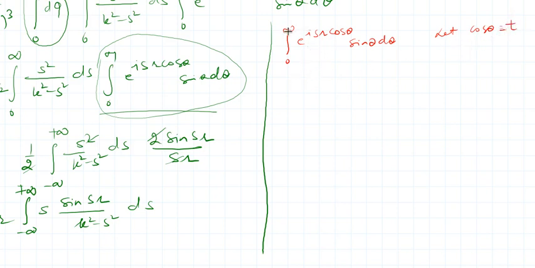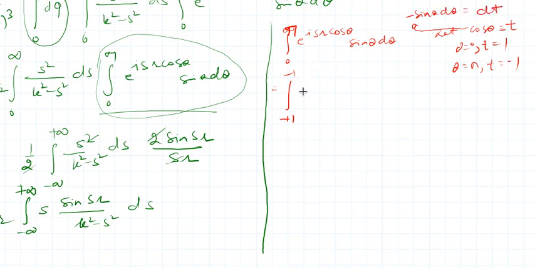So when theta is equal to 0, t comes out to be 1, and when theta is equal to pi, t will be equal to minus 1. So this integral will become plus 1 to minus 1, and using this, minus sine theta d theta is equal to minus dt.